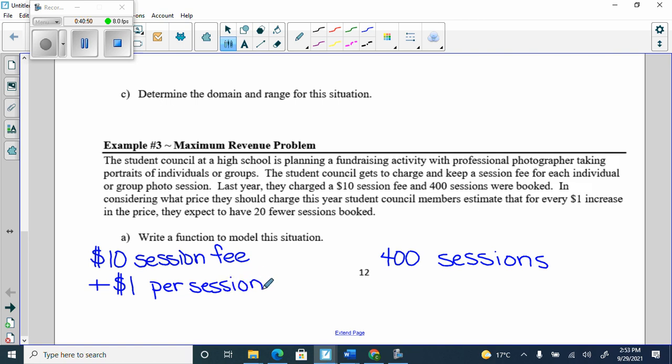So for every $10, I'm now going to add $1. So for every $1 increase, they're going to lose 20 sessions. So for every $1 they charge per session more, they're going to lose 20 sessions. Lose means subtract. See, I'm putting money with money and sessions with sessions. Isn't it crazy?